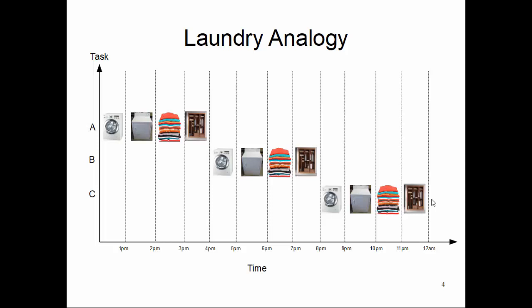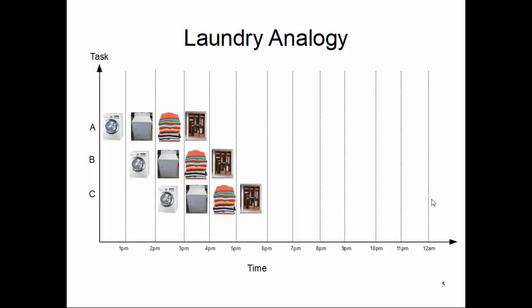And since each of these steps takes an hour, once A is done with the drying, B can start drying immediately after A, and so on. So we can actually increase the throughput of the system with a strategy where, instead of waiting for the entire laundry to be completed, each of them takes turns whenever the corresponding resource is free.